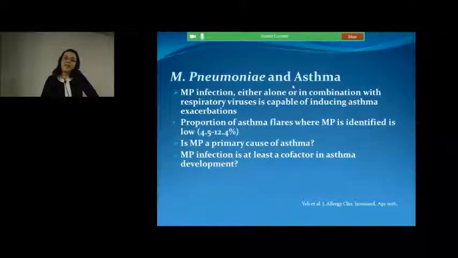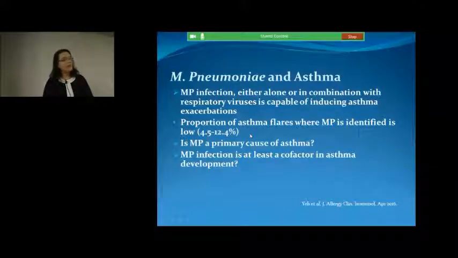There is little question that Mycoplasma infection, either alone or in combination with respiratory viruses, is capable of inducing asthma exacerbation. However, the studies in the literature show that the proportion of asthma flares where Mycoplasma pneumonia is identified is low, 4.5 to 12.4%.